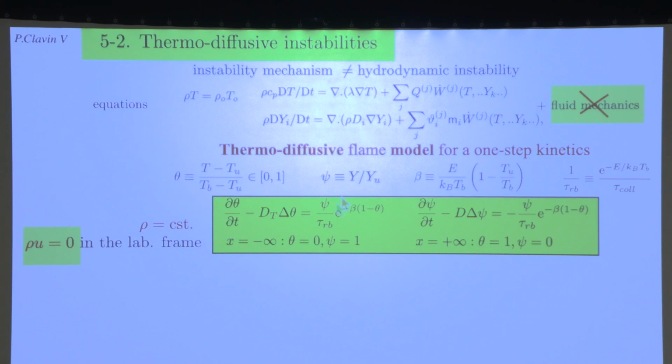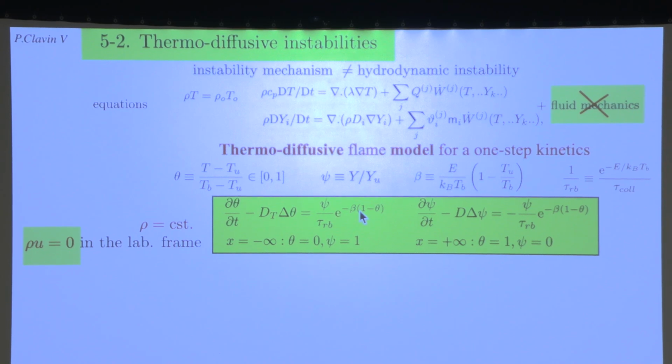So now you have a similar equation to the one we studied for the planar flame propagation. Quite similar. Now, because I killed the fluid mechanics, I assume in this equation that I will neglect the variation of the density.